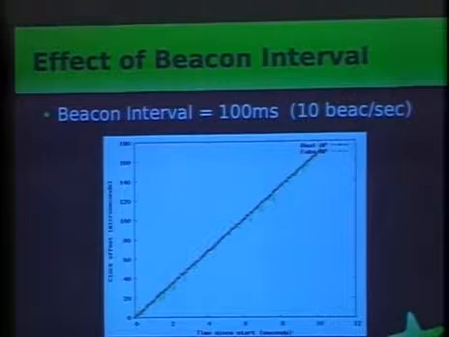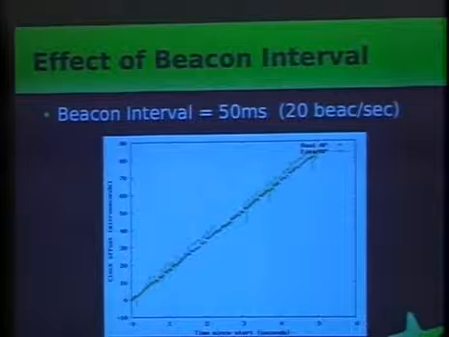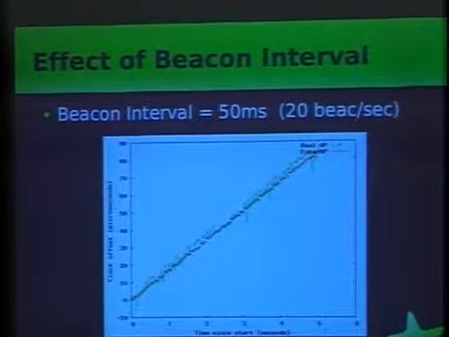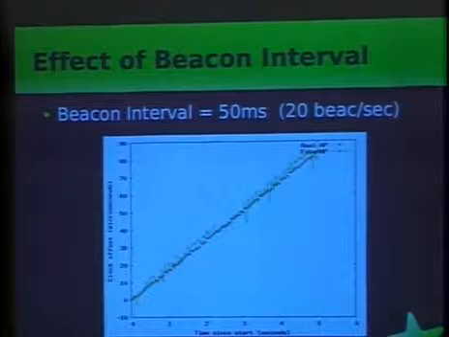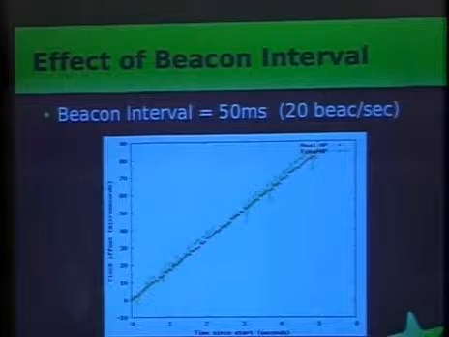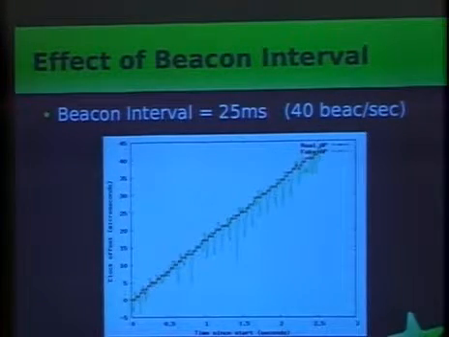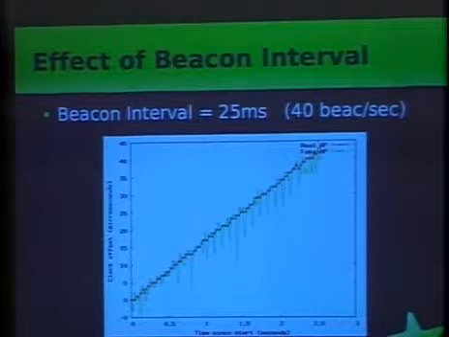Well then, this is the picture for the normal beacon interval, 10 beacons per second. And so we can spoof pretty well at that beacon interval. What if we reduce the beacon interval and start sending more beacons? It becomes slightly harder to spoof. What if we start sending twice as many beacons per second, 4 times as many as normal?